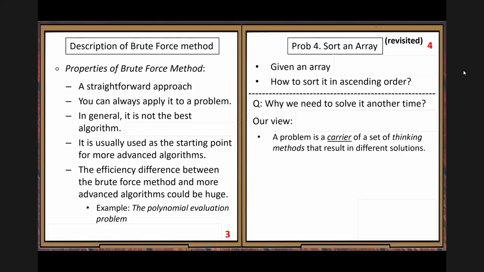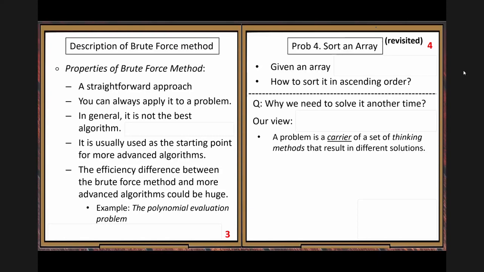For this class, our sorting problem, we may need to use 6 or 7 solutions. Then this problem carries 6 or 7 different problem-solving thinking ways, and those thinking ways could be valuable for your future problem solving. So that's another view, another understanding.